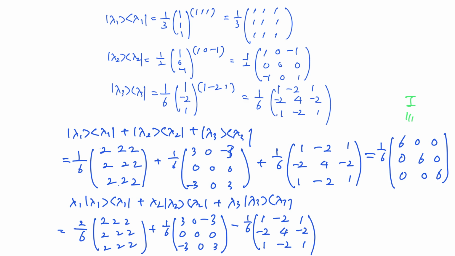So first term: 2 times 2 is 4, right? 4 plus 3 minus 1 is 6. We have a 6.